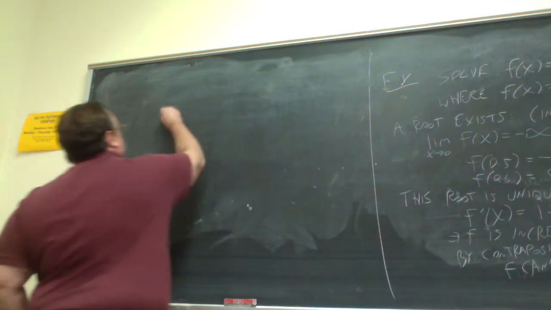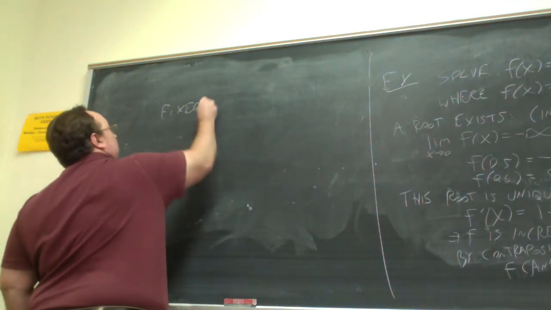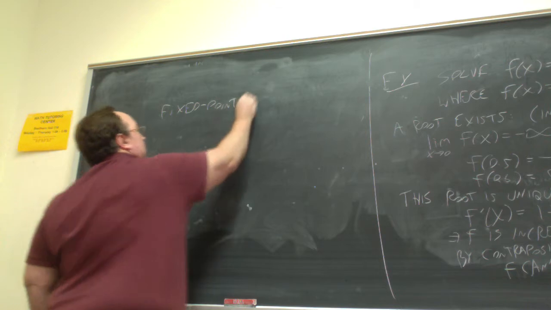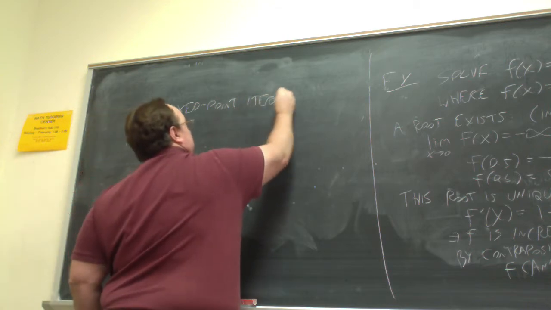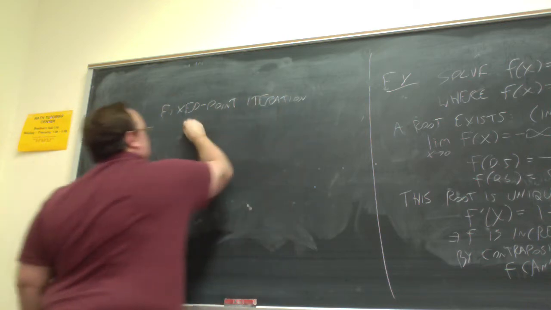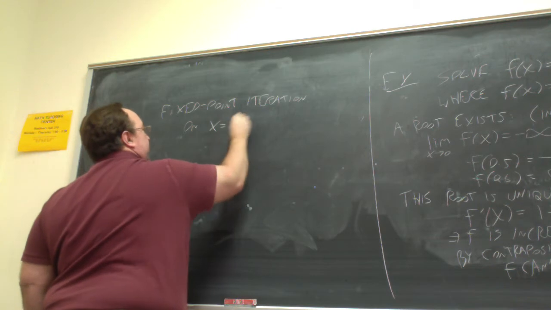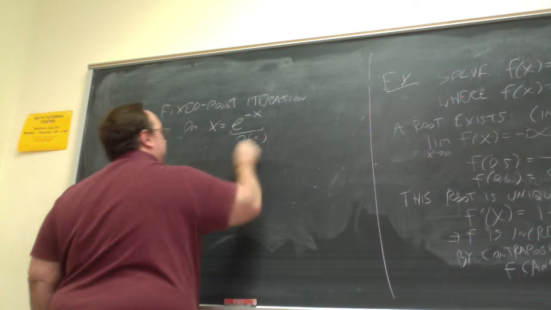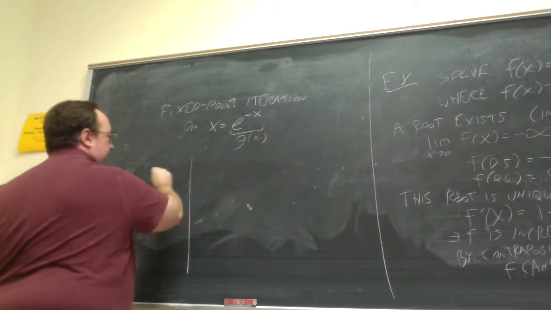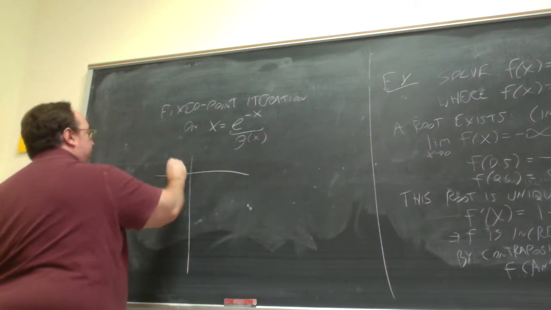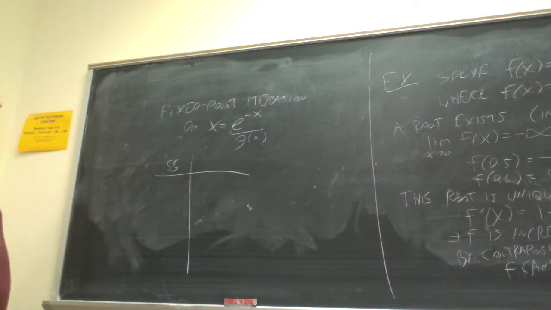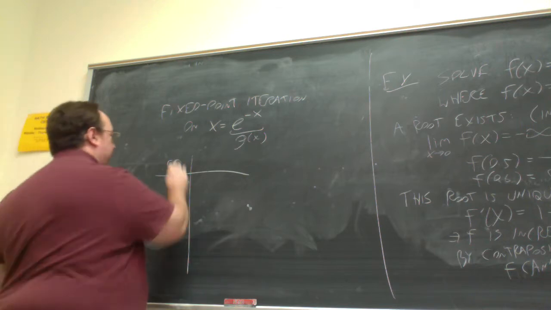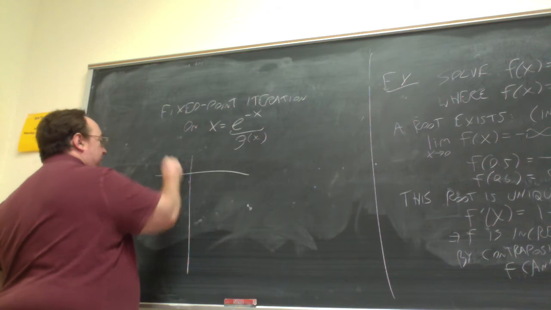So x is equal to e to the minus x. This is your new g of x. Now I'll do the same kind of chart. I'll start with the midpoint of the interval where I know there's a solution, 0.55.